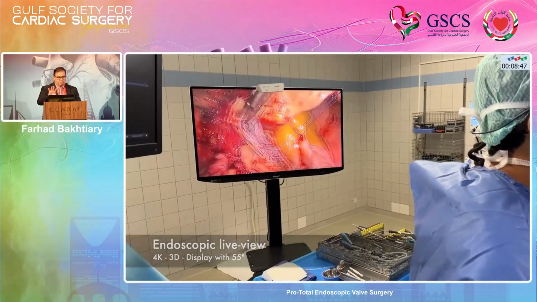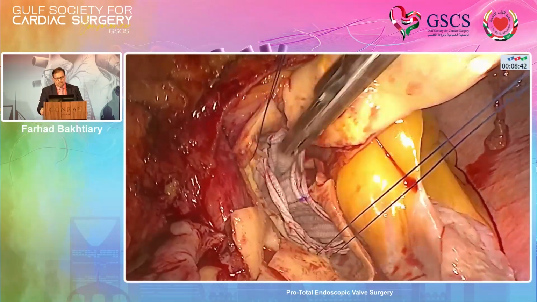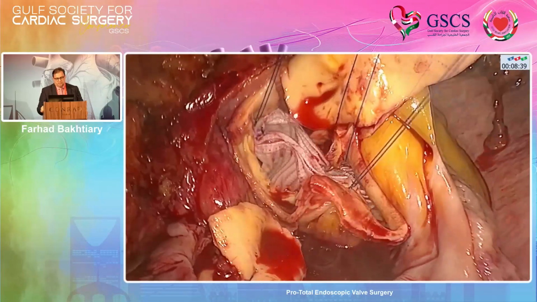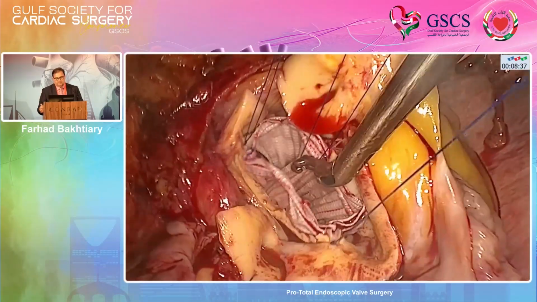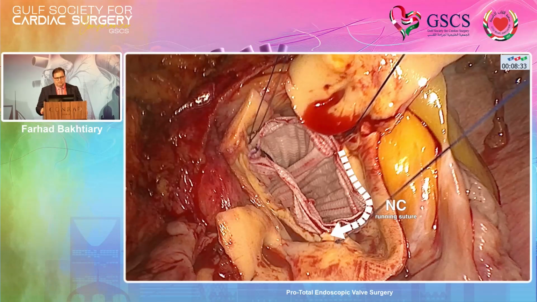We have a 3D 4K 50-inch monitor. You can also do what we call a reversed elephant trunk into the left ventricle and implant your aortic root prosthesis inside.